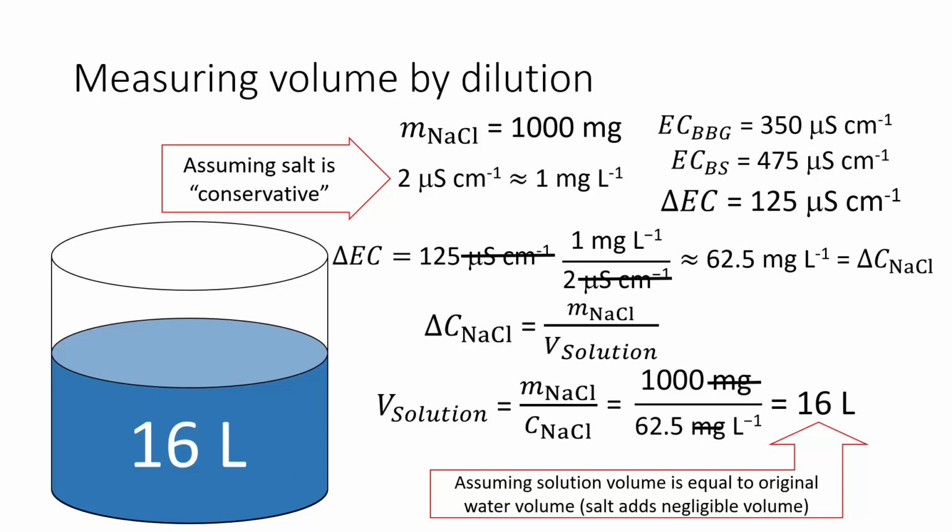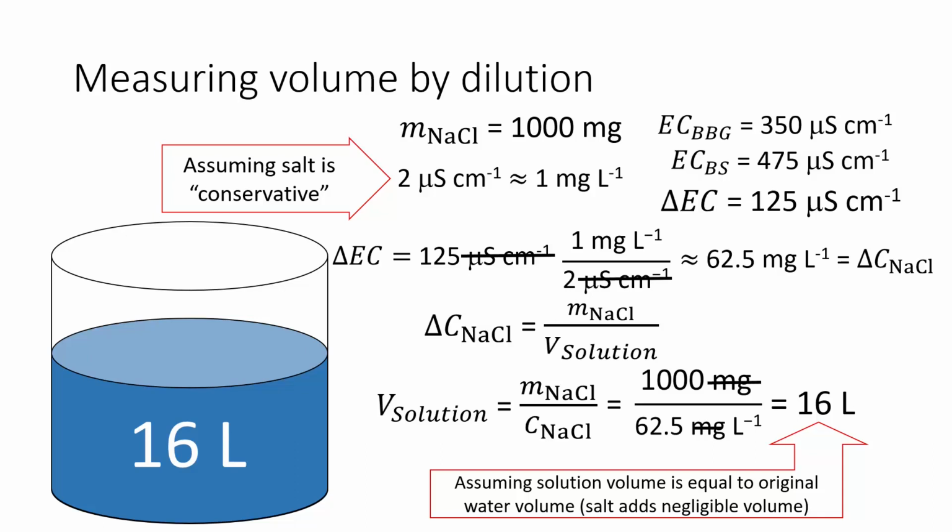Now, when you talk about 1 gram of salt, that's a very small volume of salt. So even if it does change the volume of water in the bucket a little bit, it's probably not going to change it within the amount of error that we have due to our ability to measure electrical conductivity or our faith in that relationship in the 2 microsiemens per centimeter change with 1 milligram per liter of concentration change.